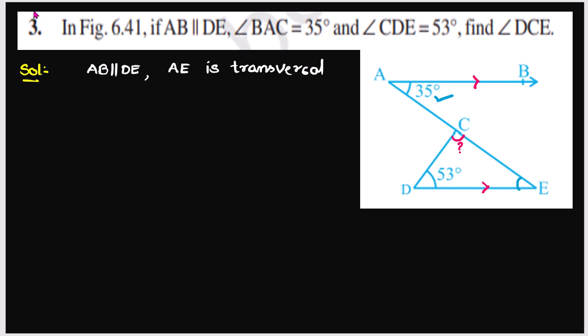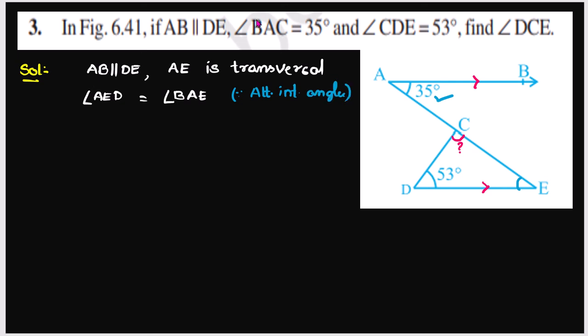They are equal. Angle BAE equals angle AED. Angle AED equals angle BAE. Why? The reason is because they are alternate interior angles.